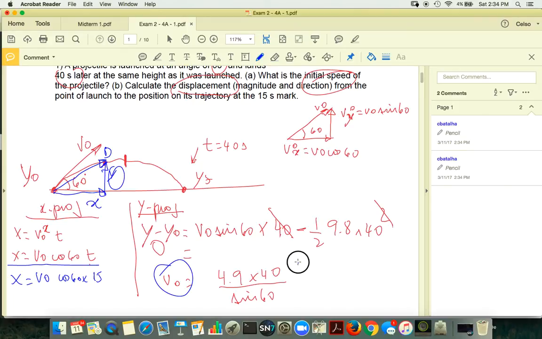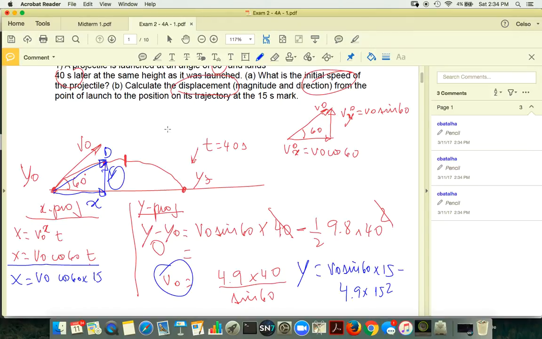So your y minus y naught, set as 0, is equal to v naught, which we have, sine of 60 times 15 minus half of 9.8, which is 4.9, times 15 squared. And then you calculate how much that is, and then you have your y there.